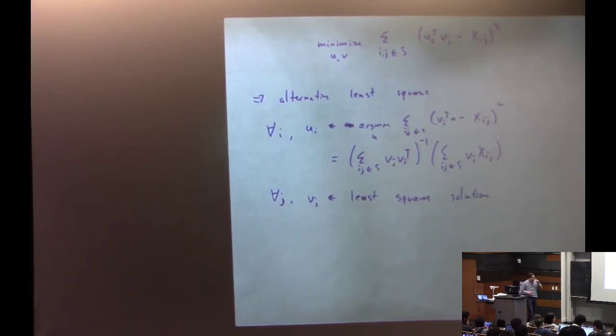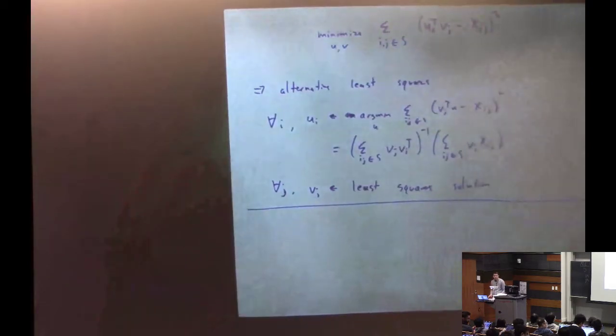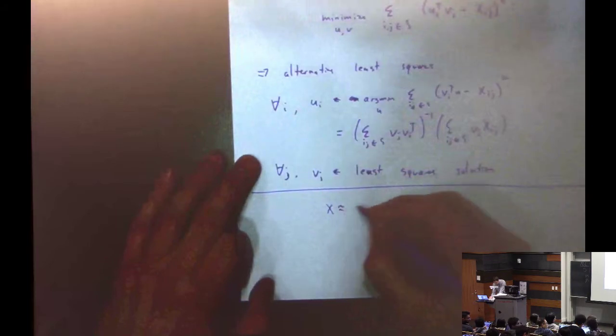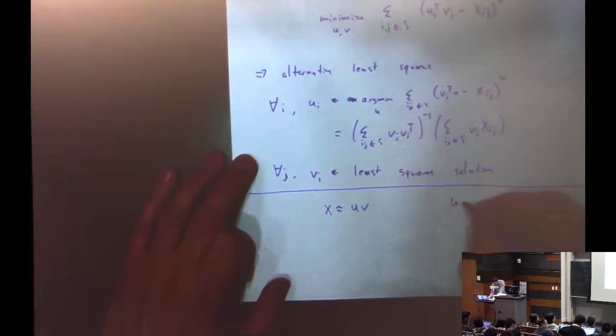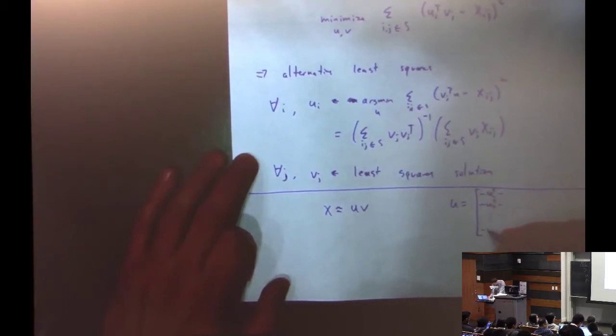Okay, so I want to now emphasize one thing about this. What we're really doing here is representing X as a low rank matrix. We're representing X as being approximately equal to UV, where U is a matrix with all the user-specific features, on each row of this. They're row vectors, all the way up to U_m transpose.